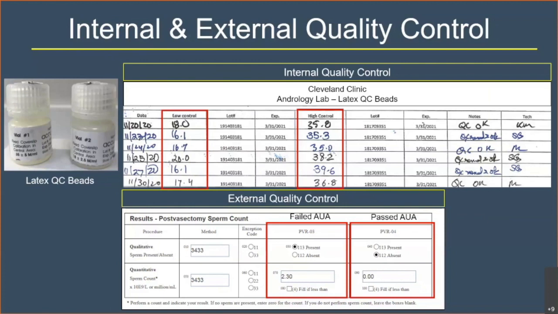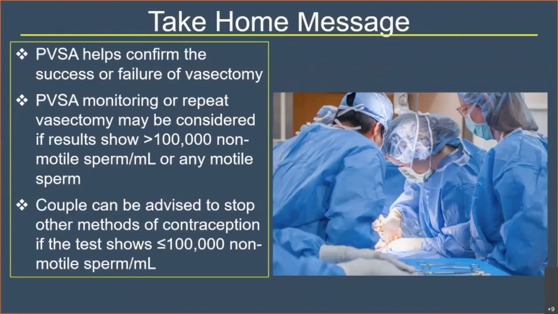So no sperm were identified, and this sample had 0.0 sperm concentration or azoospermia. So this sample passed the AUA criteria, and the sample was negative on testing. Next slide, please. The overall take-home message is that post-vasectomy semen analysis helps confirm the success or failure of vasectomy.